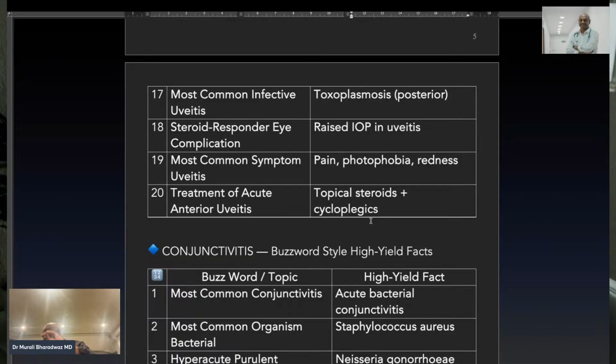Whenever uveitis is there, the ciliary muscle goes into spasm. Ciliary muscle is the one which leads to accommodation.